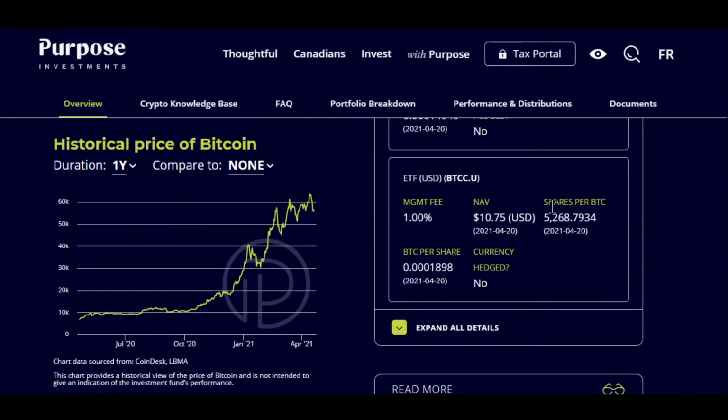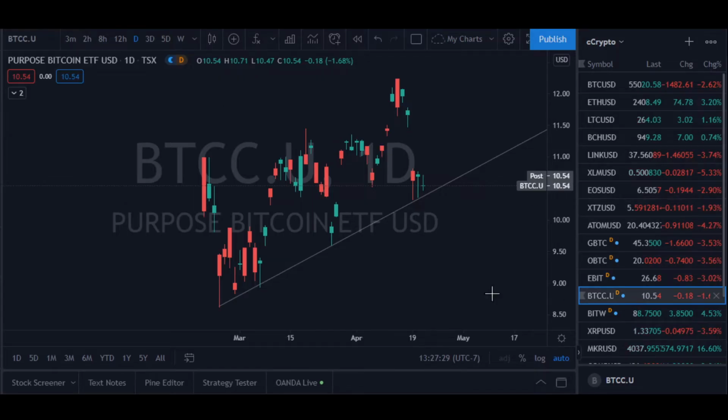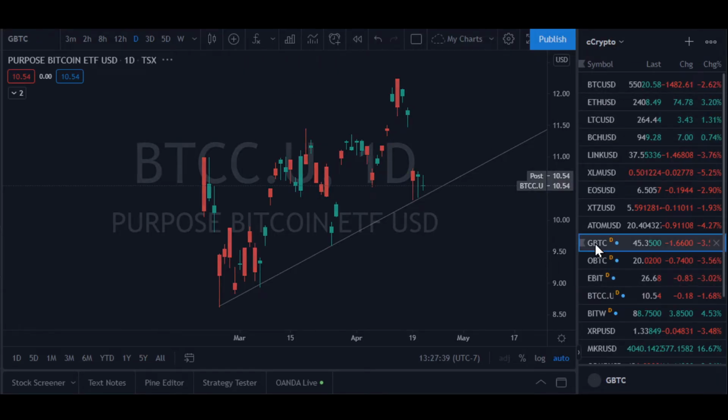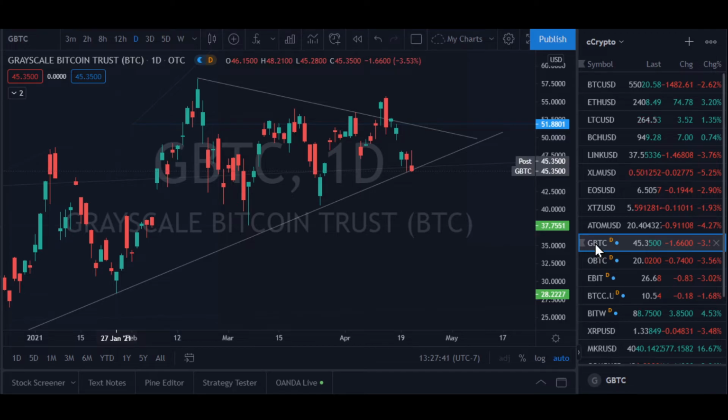Let's look at that one. For this particular one, you see on my screen, ETF USD BTCC.U. Its NAV is 10.75. We'll look at where it's trading. It's trading at 10.54 today. So it's also at a discount. So this whole narrative about GBTC, that it's not as good, I know there's a management fee which can play a role as well, but it's not trading any worse, relatively speaking.